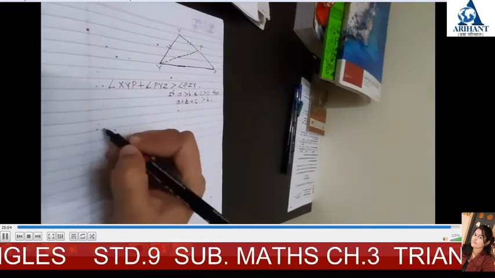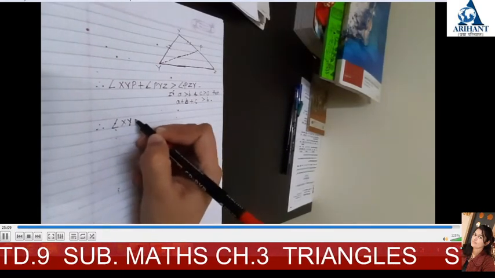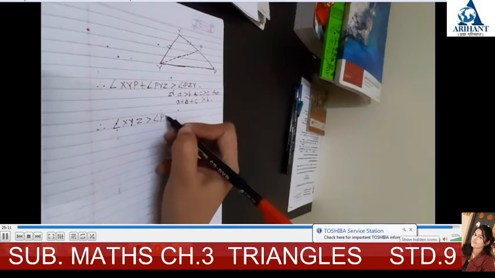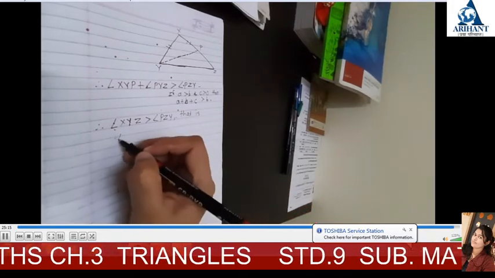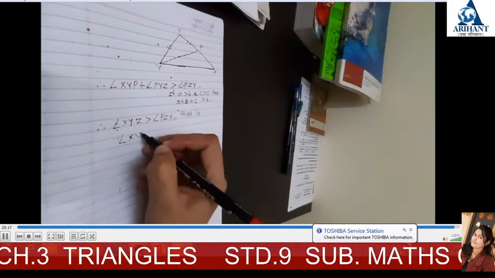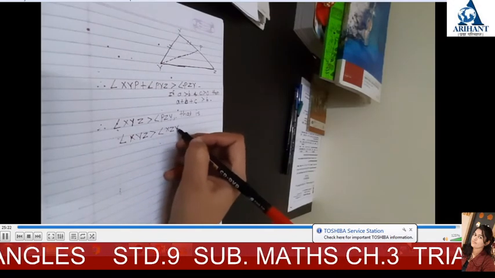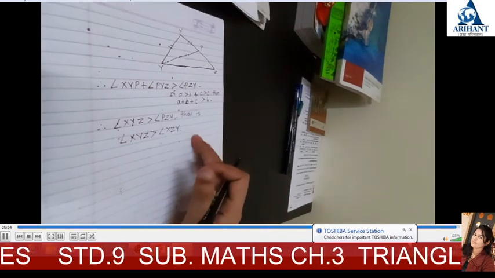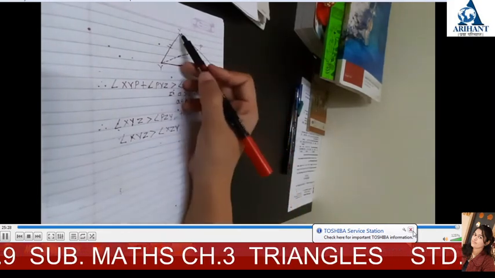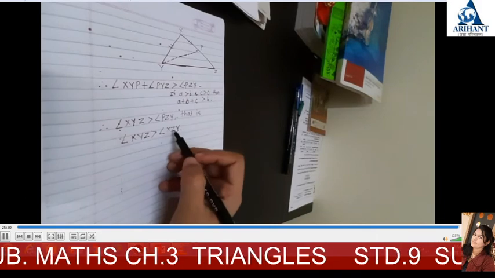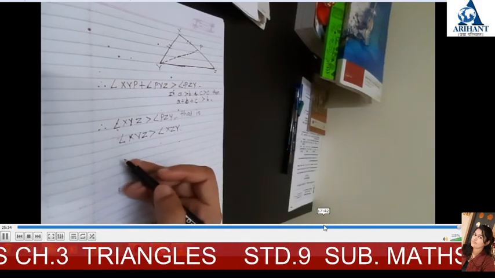So next, therefore angle XYZ is greater than angle PZY, that is, angle XYZ is greater than angle XZY. So that is our proof: angle XYZ is greater than angle XZY. I hope everyone understands.